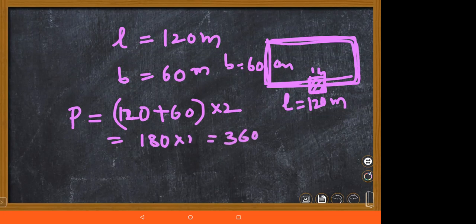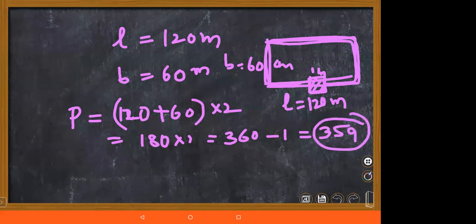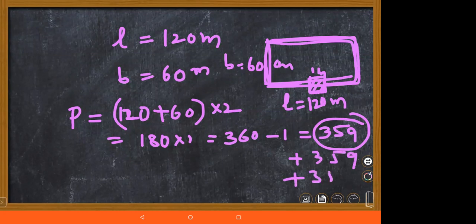But 1 meter is left for the gate, so 359 meters. Like that, 3 rounds means you need to add 3 times. That's all, children. This is one way.